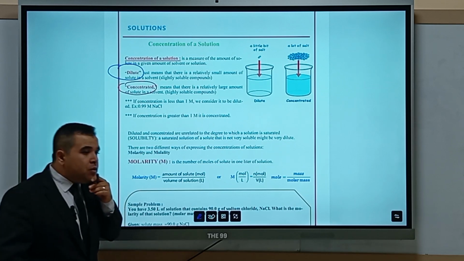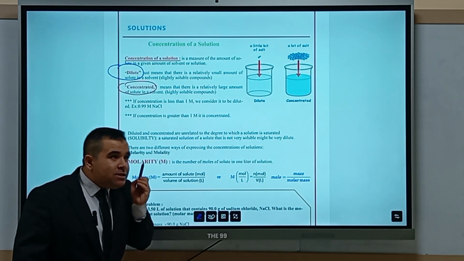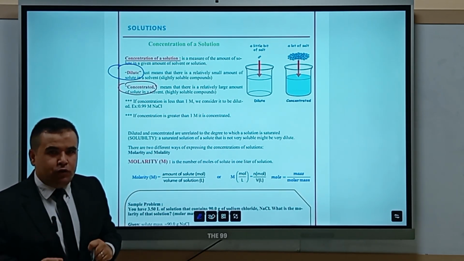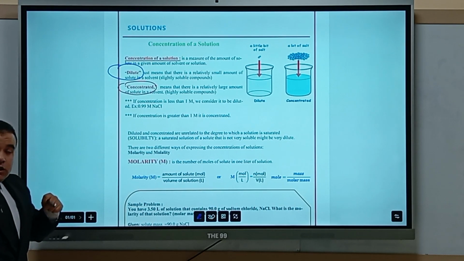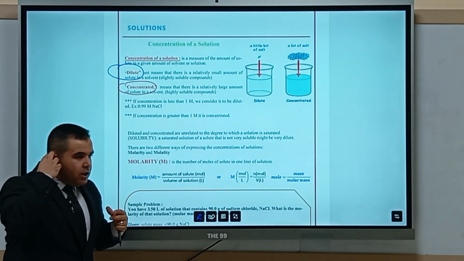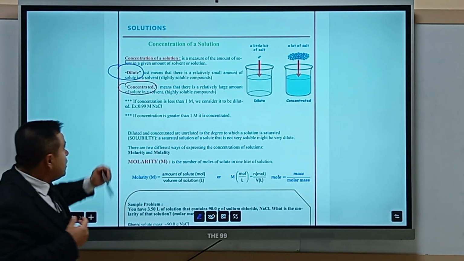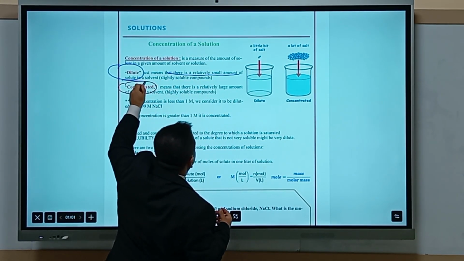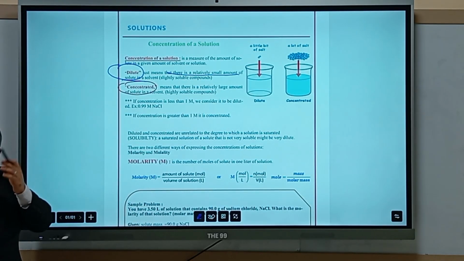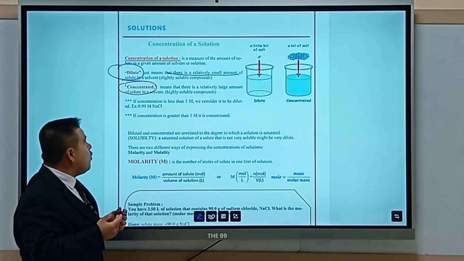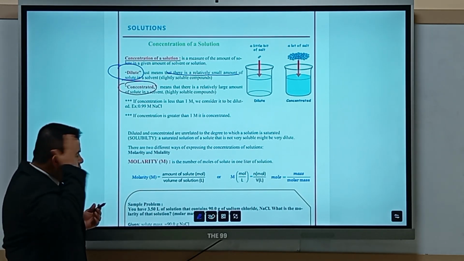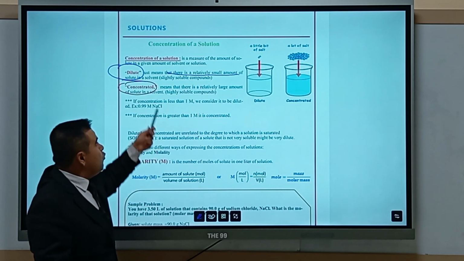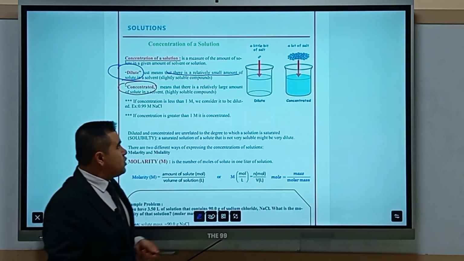So what does concentration measure? It measures the amount of solute in a solvent or in a solution. As the amount is low, the solution is classified as dilute, which means there is a relatively small amount of solute. As we add much more solute, the concentration becomes higher, and you get a concentrated solution.